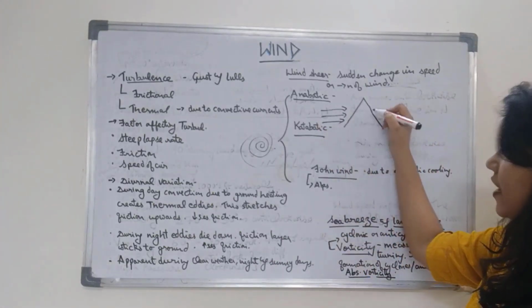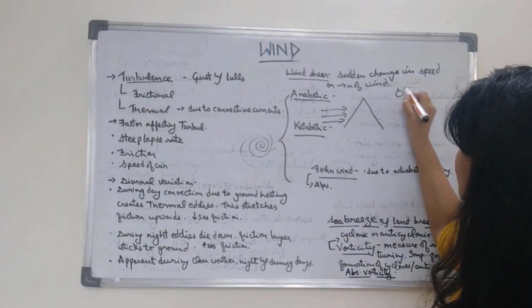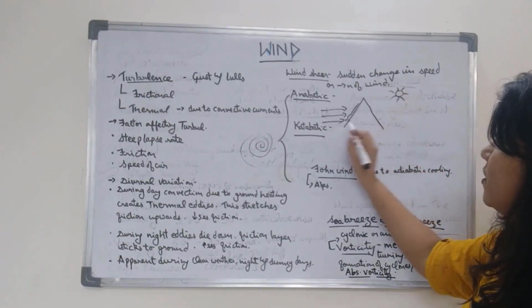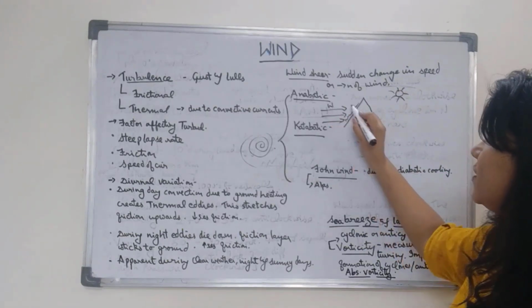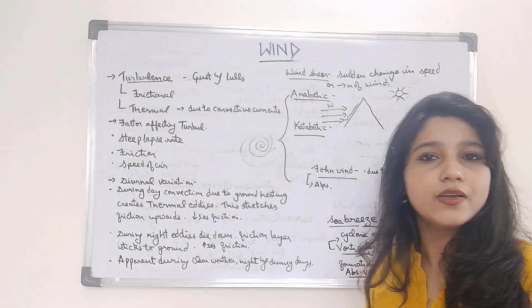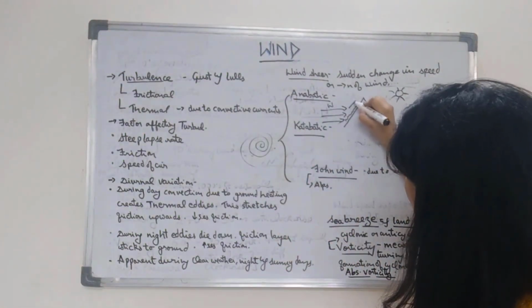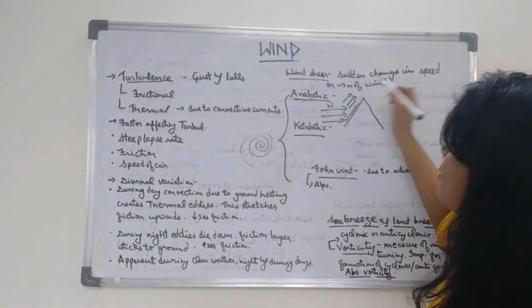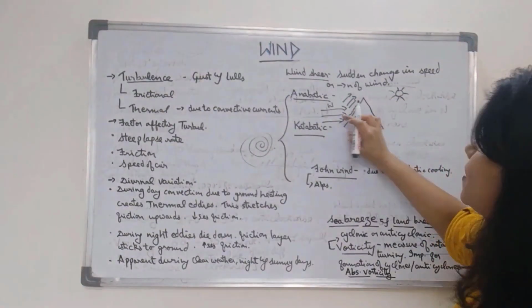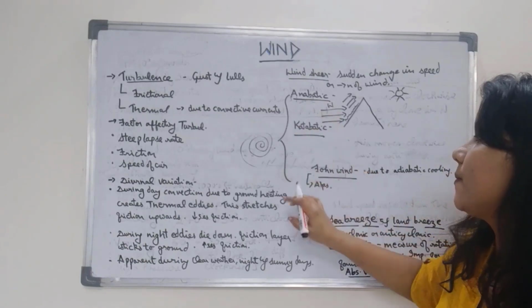During daytime, due to the sun's heat, the slope will become very hot. So the wind that is hitting this slope will become hot. And what happens when the wind becomes hot? It will rise. So this wind will start ascending. This is known as anabatic wind.